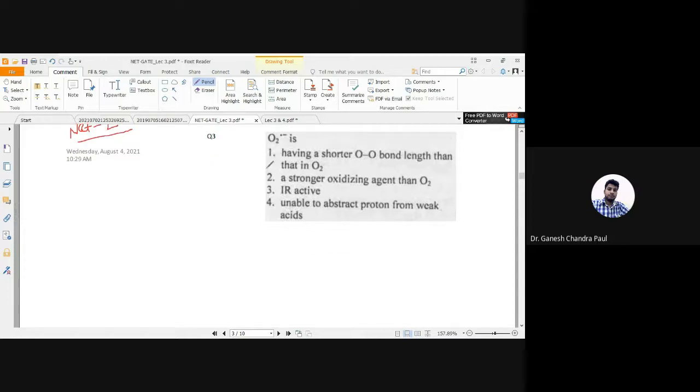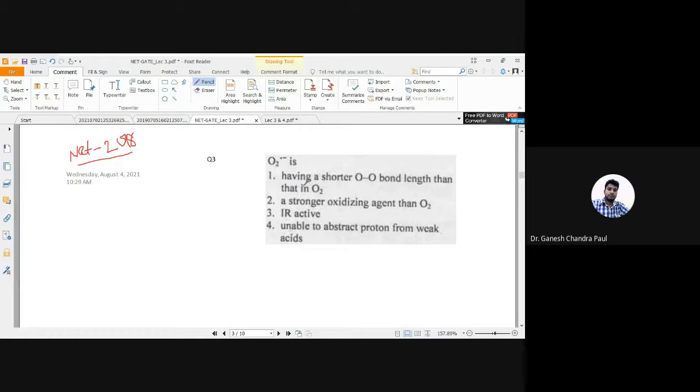The question is: O2 dot minus is having a shorter oxygen-oxygen bond length than in O2; a stronger oxidizing agent than O2; IR active; unable to abstract proton from weak acid. Now O2 dot minus means it is the superoxide anion.